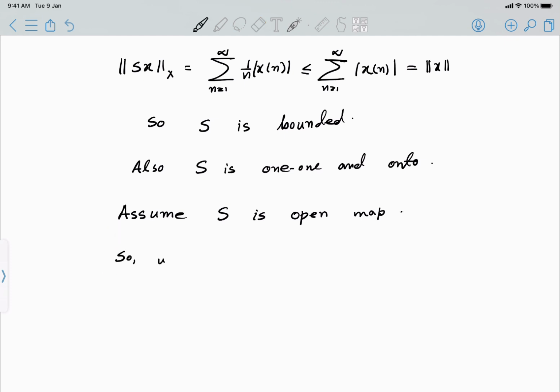So this is a continuous map which is bijective and open. There is one result that a bijective continuous map is a homeomorphism if and only if it is an open map.